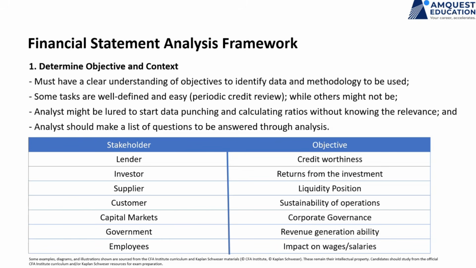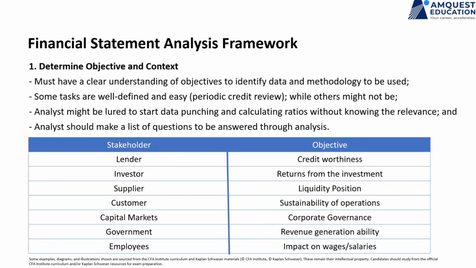Then customers also look at your financial statements and their objective is continuity. If I'm going to buy a product from you, will your company survive and will your company give me after sales service? So I'm looking at you more from sustainability of operations. Capital market looks at more from a corporate governance perspective.